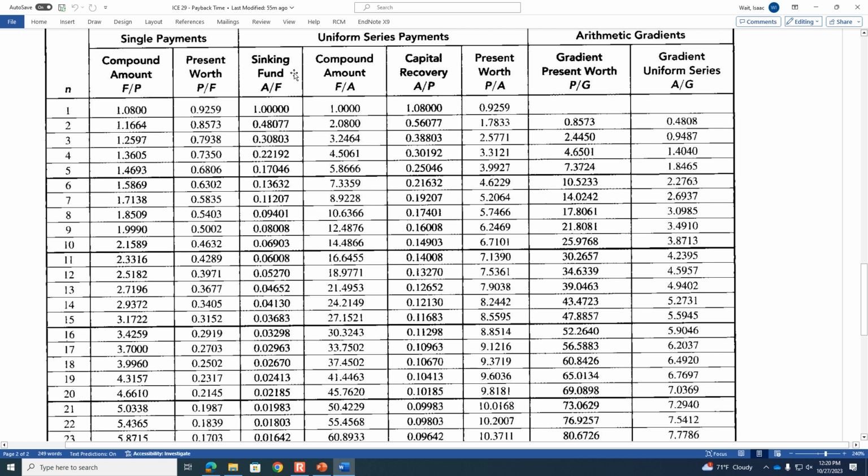If you find the P/A column and go down, you can see that it's gradually increasing, and we want to know when that ratio of P/A is greater than 8.364. So it's after 14, and by 15 it's 8.5595. What that tells us is that by 15 years, the item is paid off.